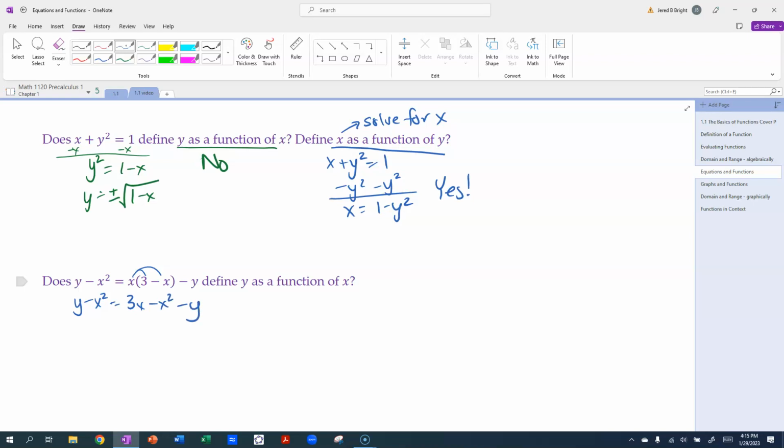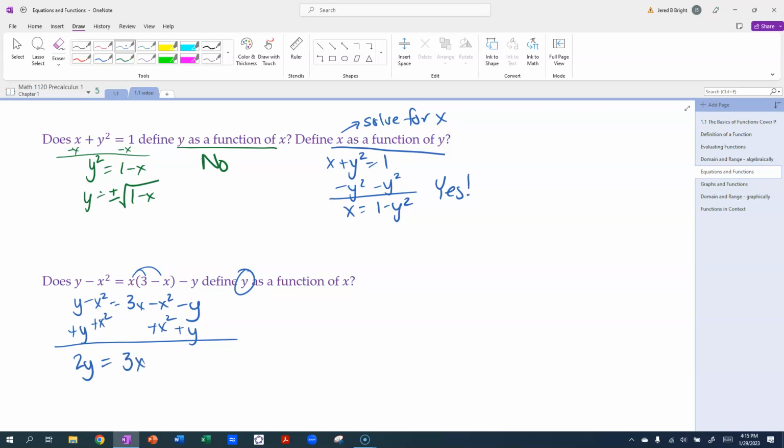Now it says define y as a function of x. So this means I need to get y alone. I need to solve for y, right? So I would need to add y, and if I'm putting y's on the left, let's move the x's over to the right, plus x squared. If I add y to y, I get 2y adding like terms, and then I'd get 3x.